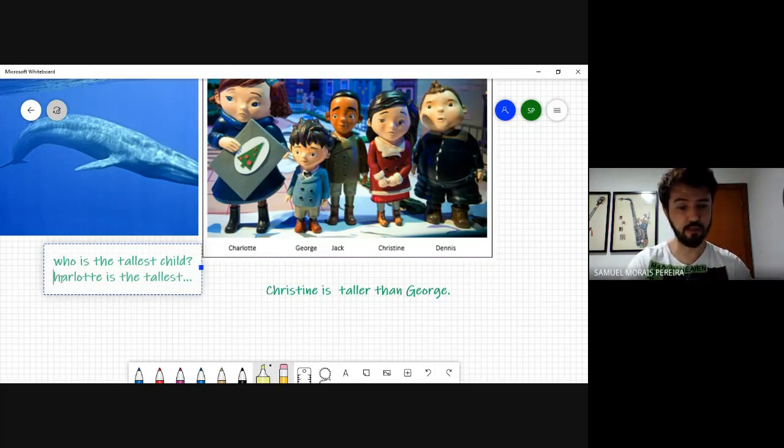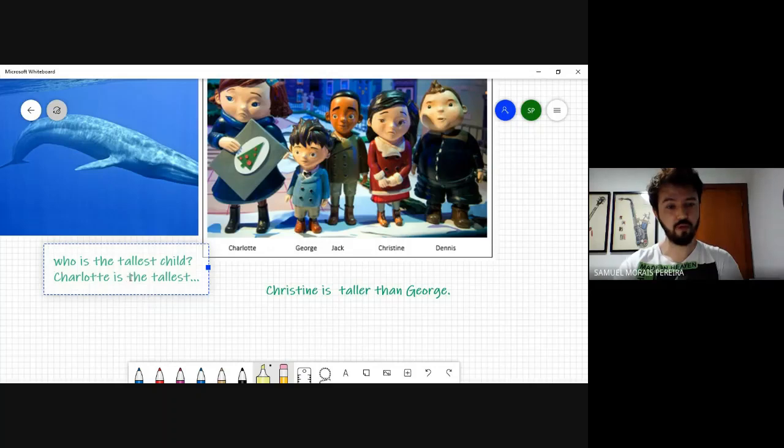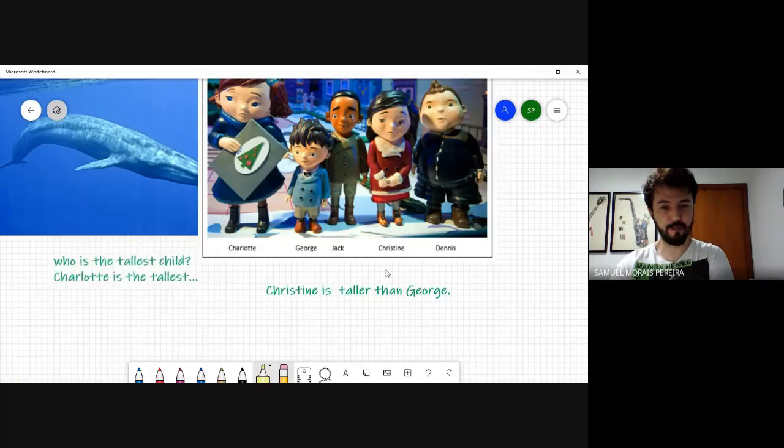So here you can see when we use the superlative and when we use the comparative, okay? We use the comparative when we compare one element to another element. And we use the superlative when we compare one element com todos os outros do grupo que aquele elemento faz parte, ok? Isso tem que ficar muito claro na cabeça de vocês, ok?